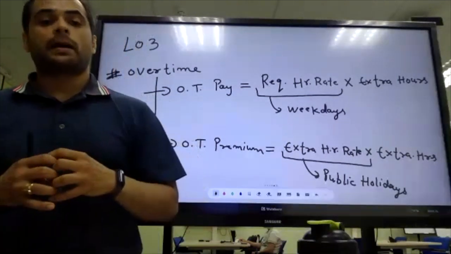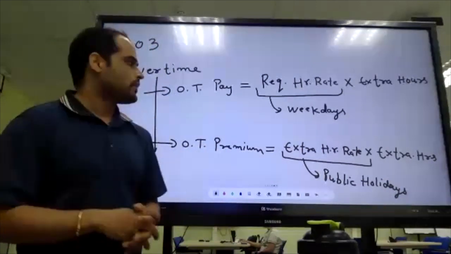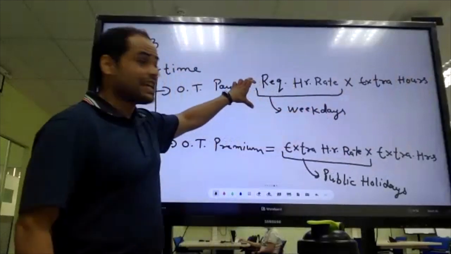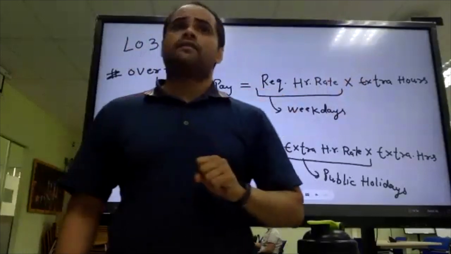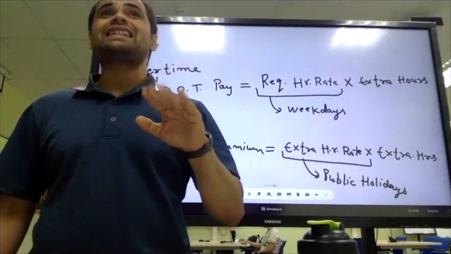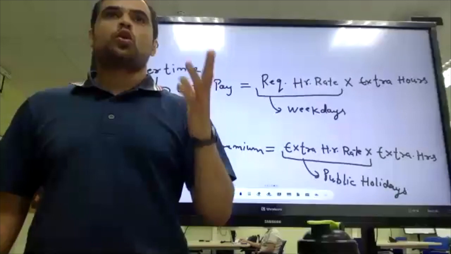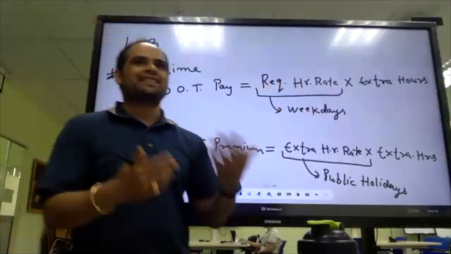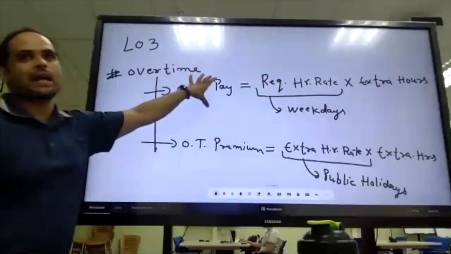During that time, the company is going to pay them different rates. Extra hours are the same. Then you receive money in this situation, like normally you work from 9 a.m. until 5 p.m. But if you're working until 7 p.m. on weekdays, for example, your extra hours are 2. If the company pays you for extra hours at the normal rate, that's called overtime pay.